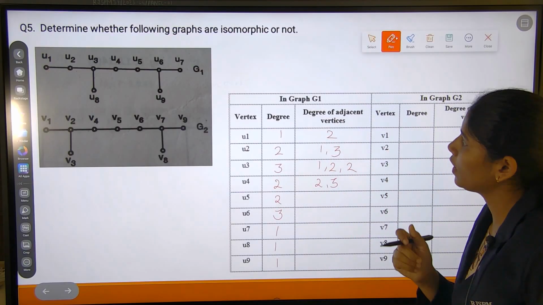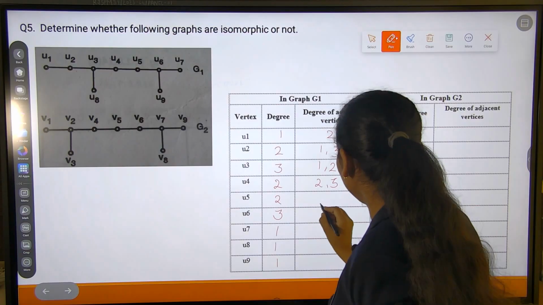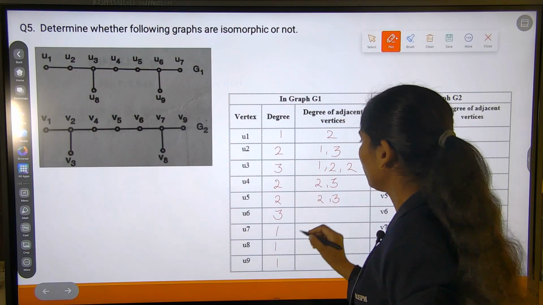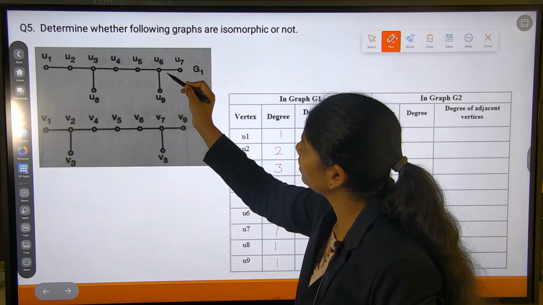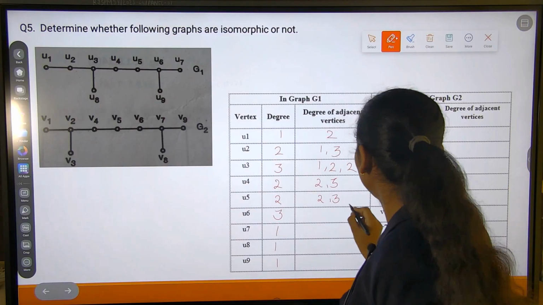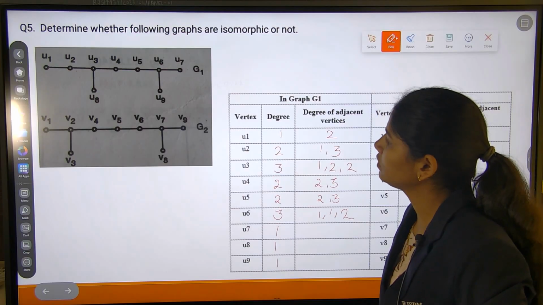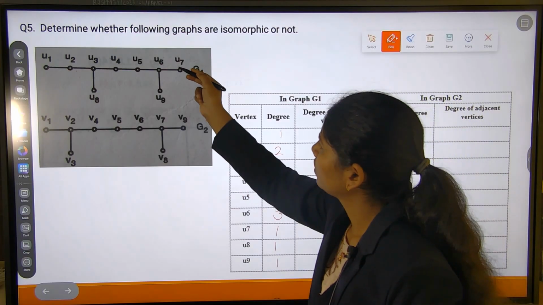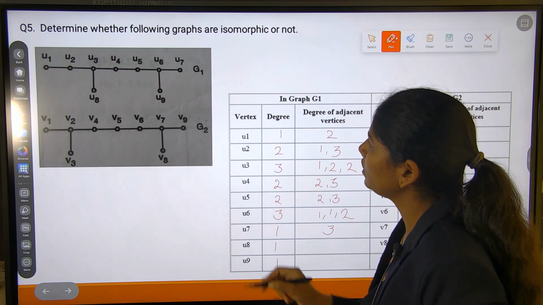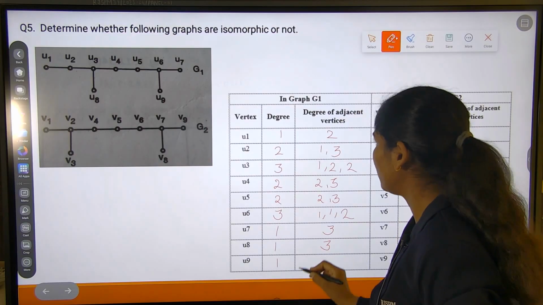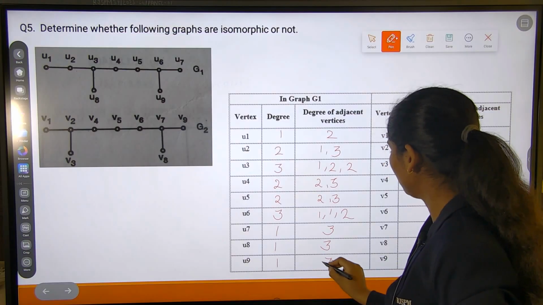For U5, degree of U4 and degree of U6: 2 and 3. For U6 three adjacent having degrees 1, 1, 2. For U7, U6 is adjacent and degree is 3. For U8, U3 is adjacent having degree 3. For U9, U6 is adjacent having degree 3.